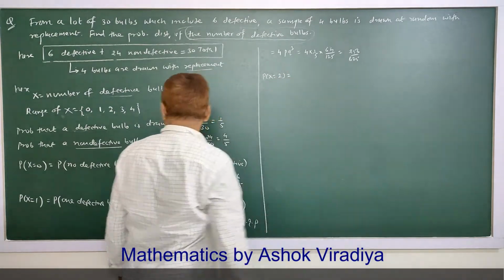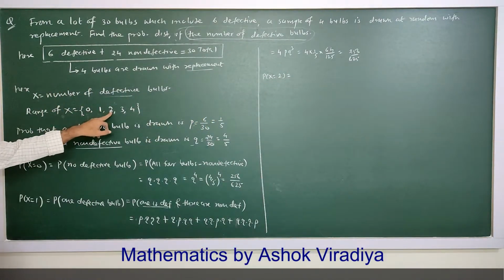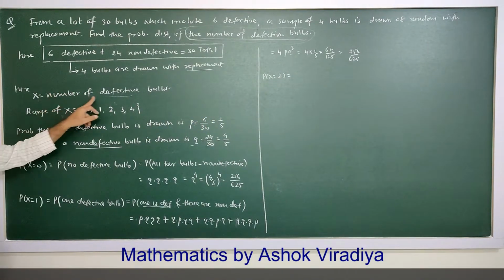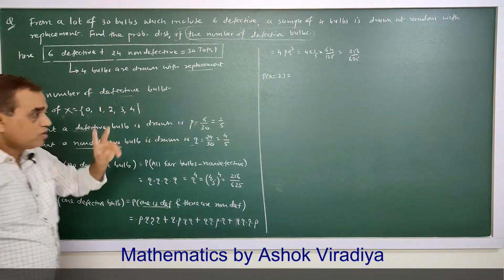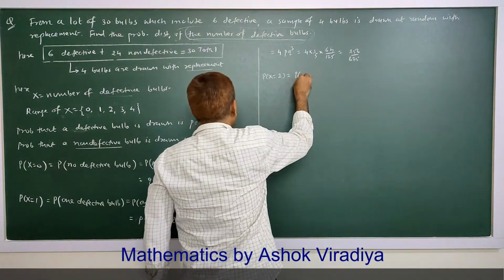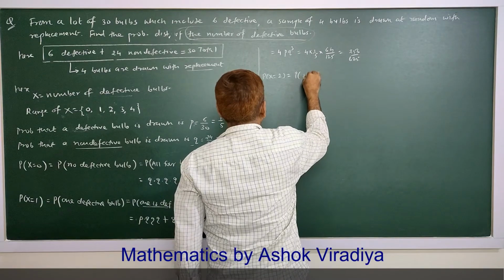Then the probability of X equal to 2. X equal to 2 means the number of defective bulbs is 2. Probability that there are 2 defective bulbs.